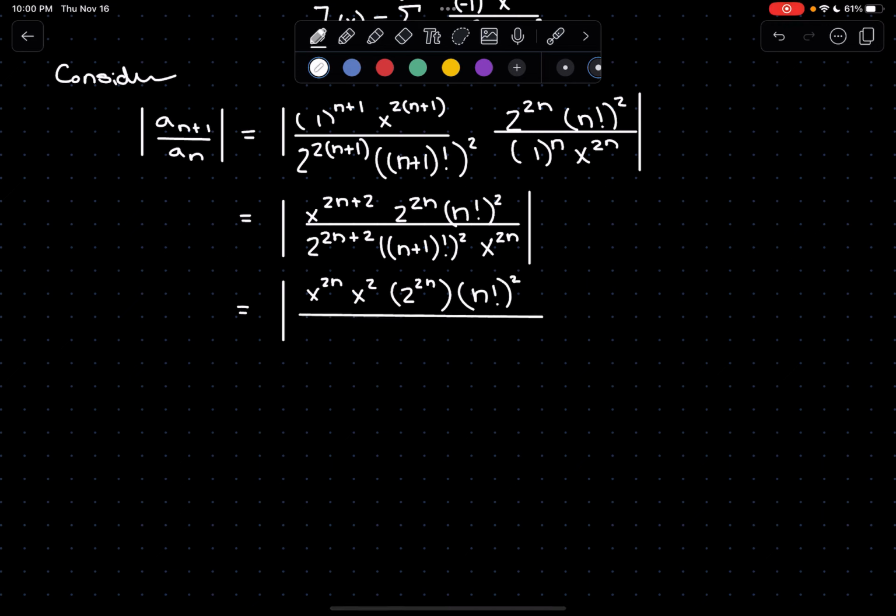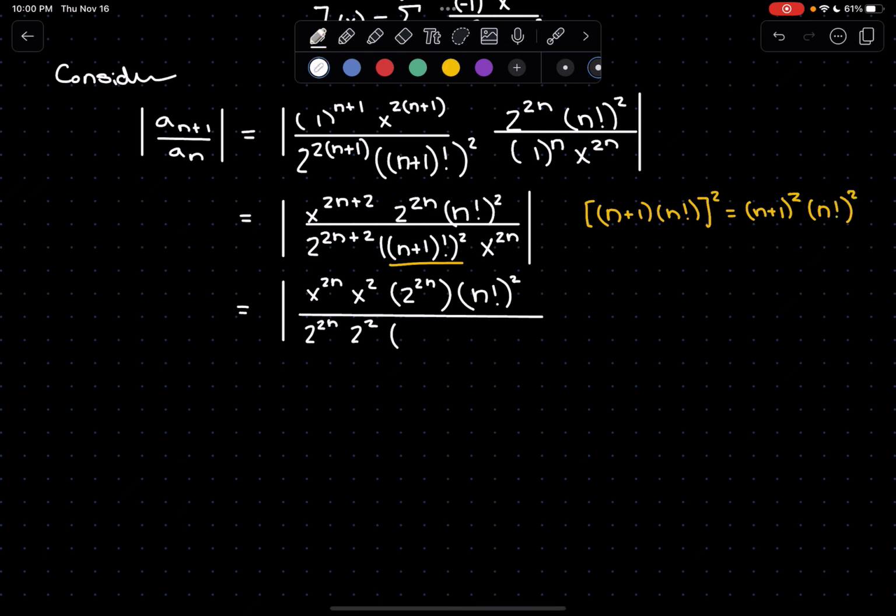So we split up that one, and then let's split up this bottom one. I get 2^(2n) times 2 squared times, remember, (n+1) factorial is just (n+1) times n factorial, and then this is squared. By properties of exponents, that's (n+1) squared times n factorial squared.